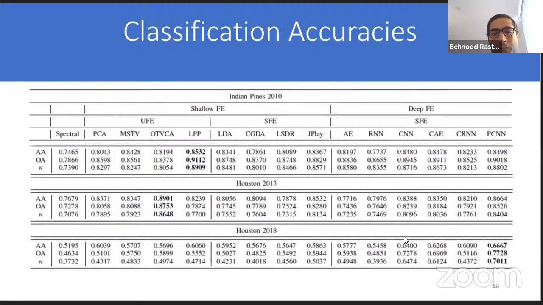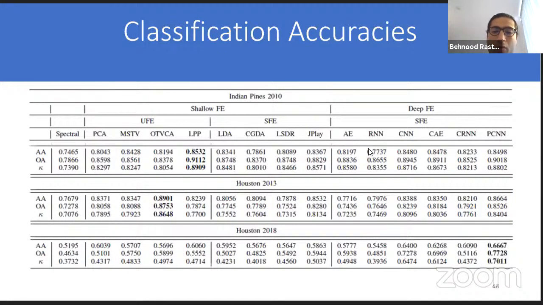And then in the deep learning techniques or deep feature extraction techniques, as you see, for all datasets, if you compare, for instance, convolutional autoencoder with autoencoder and convolutional RNN with RNN, you can conclude that the integrated network works better.